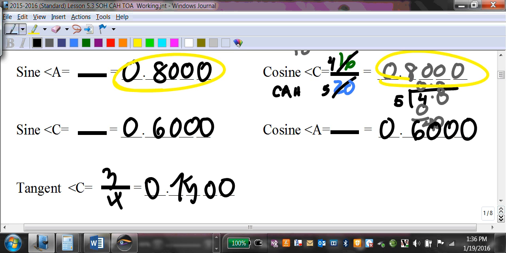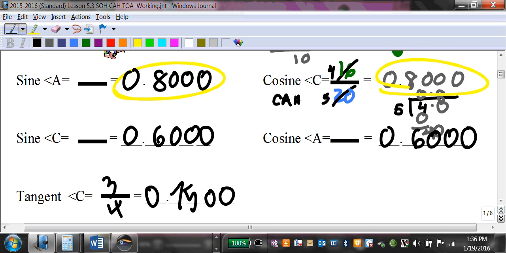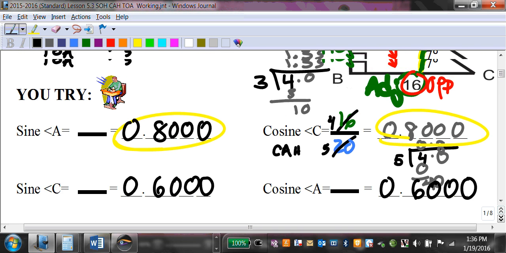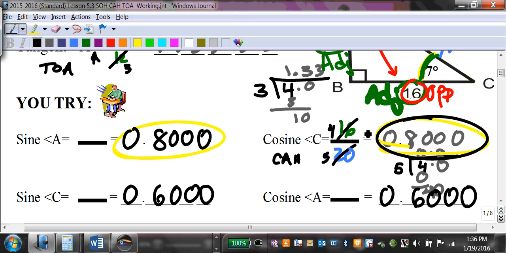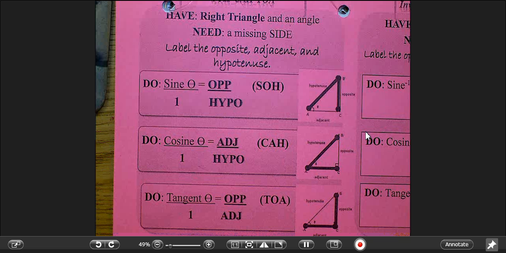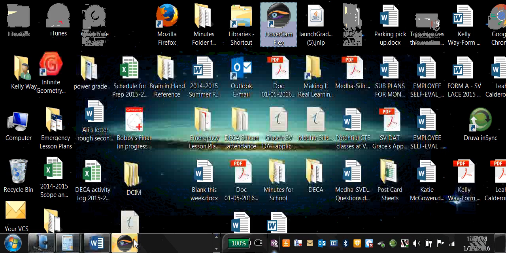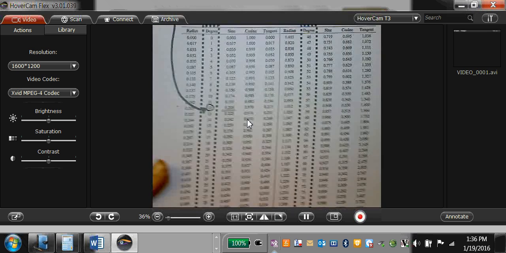Now I want you to know that these ratios, ready guys? Take a look here, cosine of C. I want you to go to your reference booklets and flip it over until you see this purple chart.